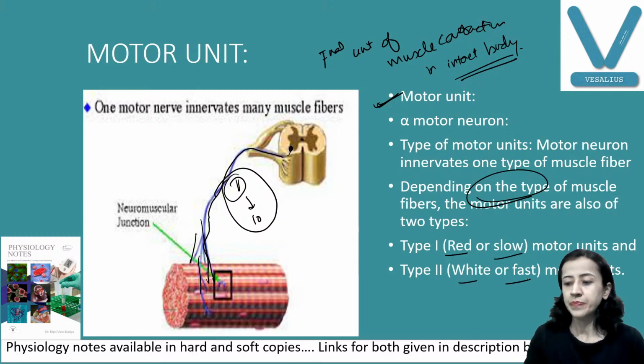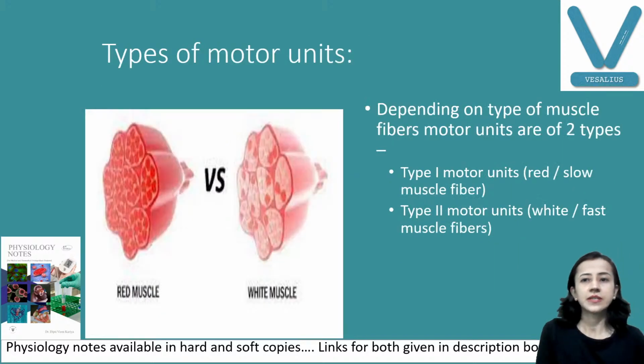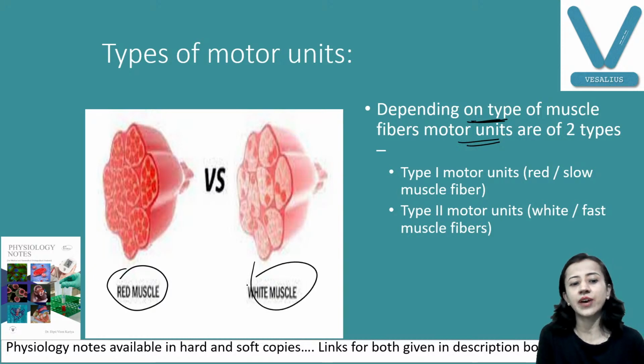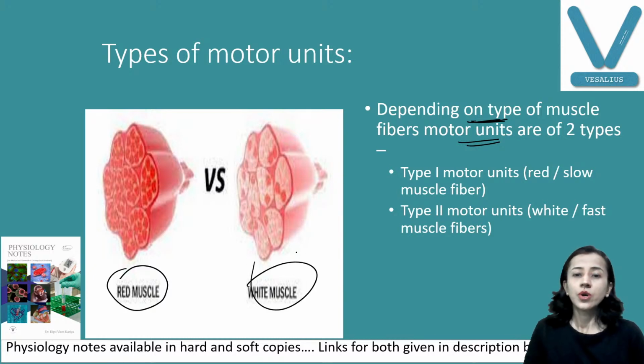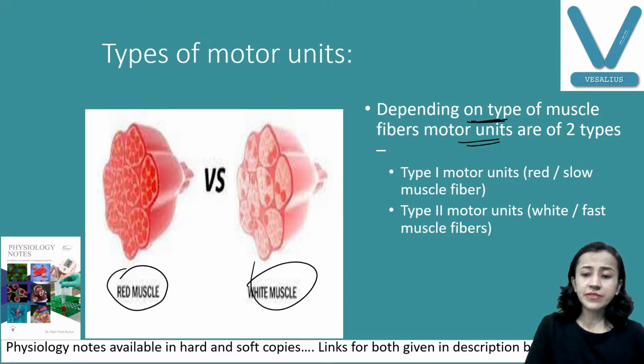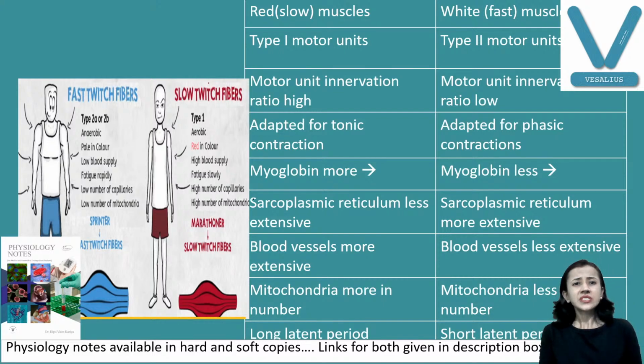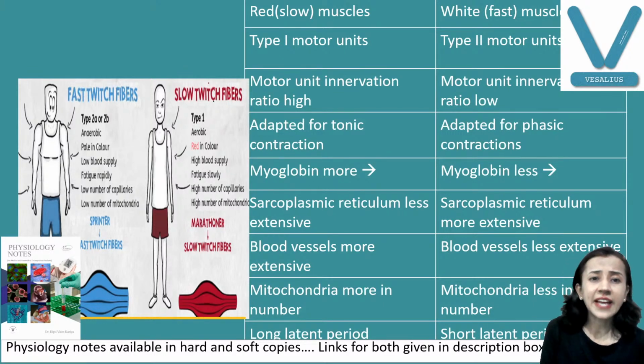What is the difference between these two? Red motor units or red muscles are also known as slow twitch muscle.